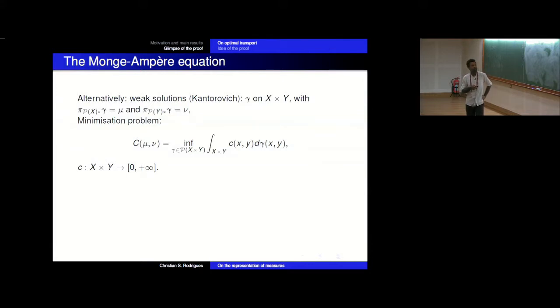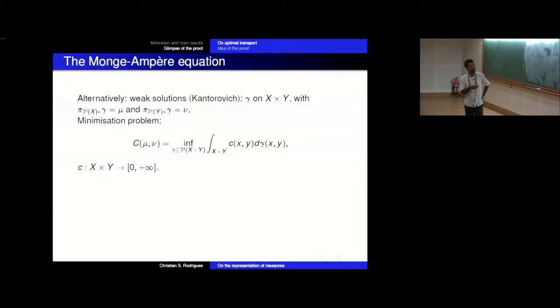And the idea is that now you try to minimize the cost within some measures whose marginals are the initial measure mu and the other measure nu. Okay. So this is a measure on the product space.